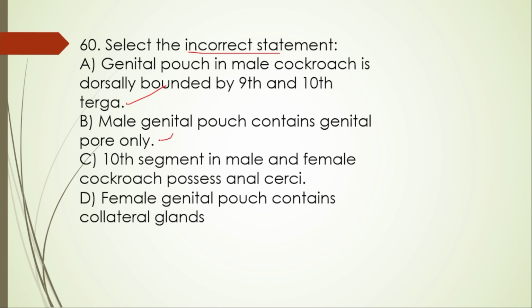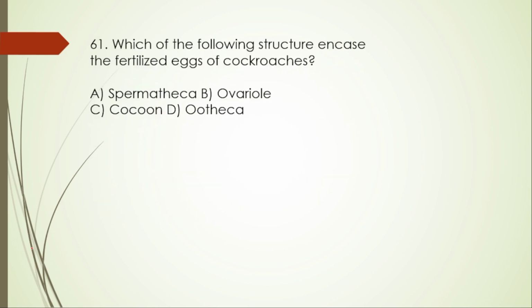Then C. The 10th segment in male and female cockroach possesses anal cerci. This one is right. D. Female genital pouch contains collateral glands. This one is also right.